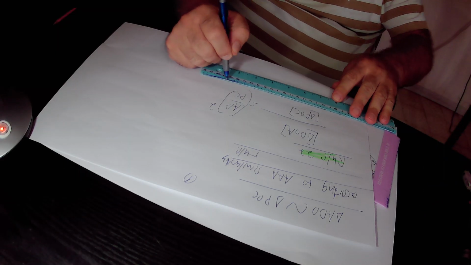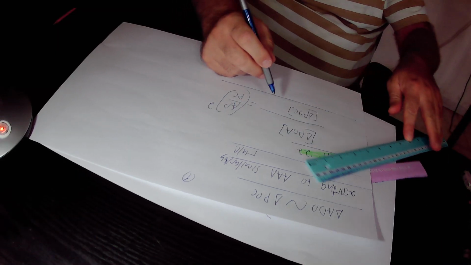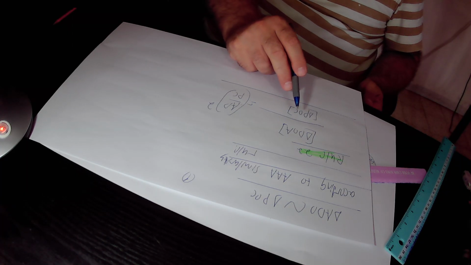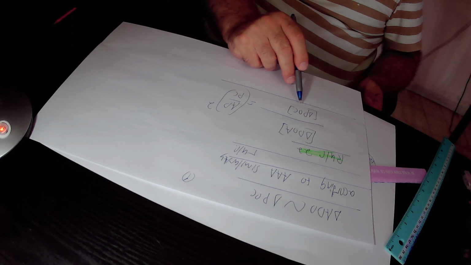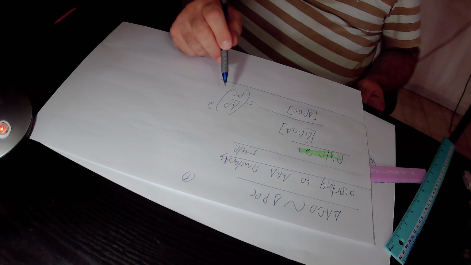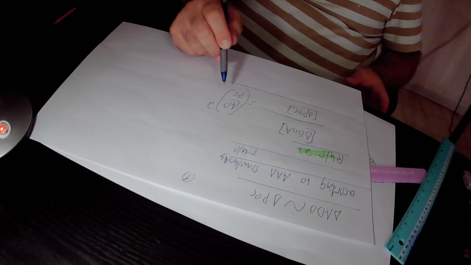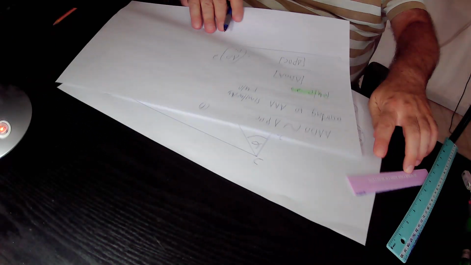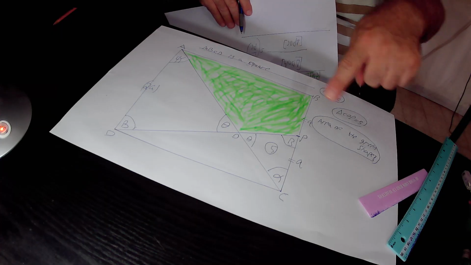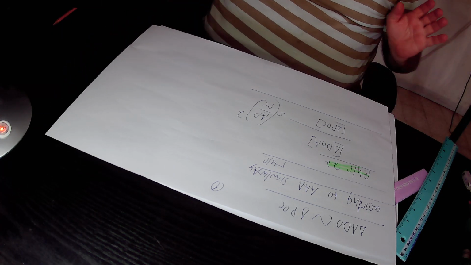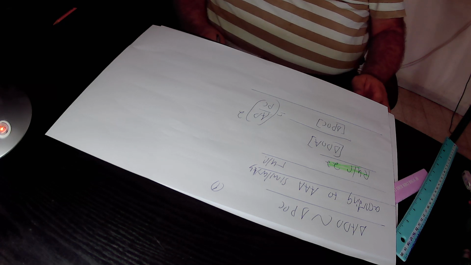Again, the ratio between the areas of the two similar triangles, the area of triangle DOA over the area of triangle POC, is equal to the square of the ratio of their corresponding sides. The corresponding sides are AD and PC. Therefore, it is AD over PC squared. Okay?